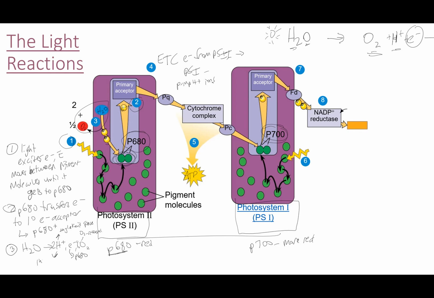So we're going to transfer from the primary electron acceptor, transferring electrons to this mobile electron carrier, to the cytochrome complex, to another mobile electron carrier, which is going to eventually get them to photosystem 1. So again, we'll watch a video in a minute showing how they move through. As this happens, step 5 is going to happen, which is our ATP synthase. We're going to generate some ATP.